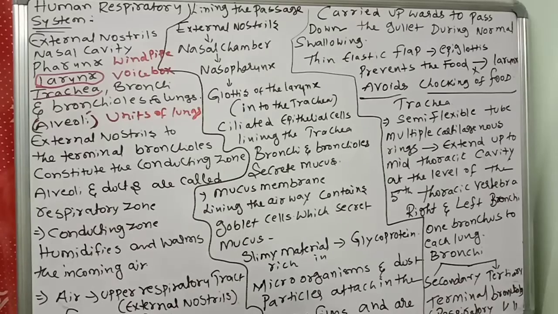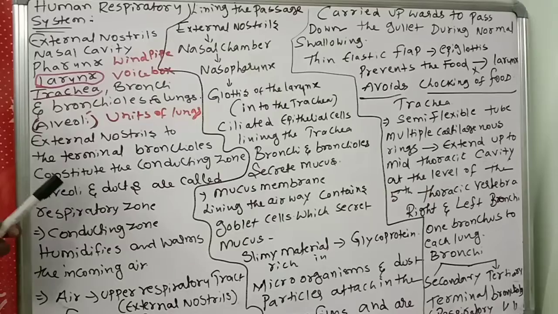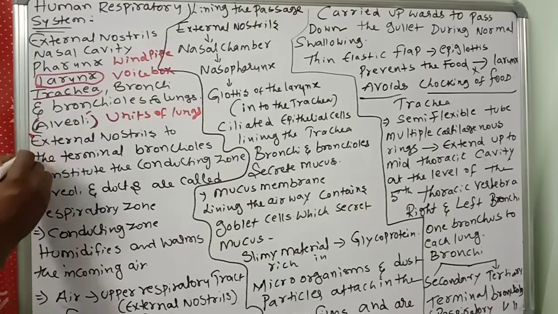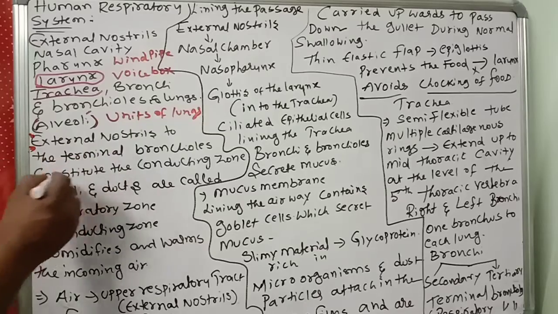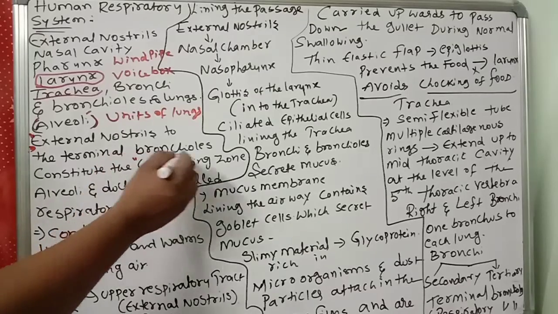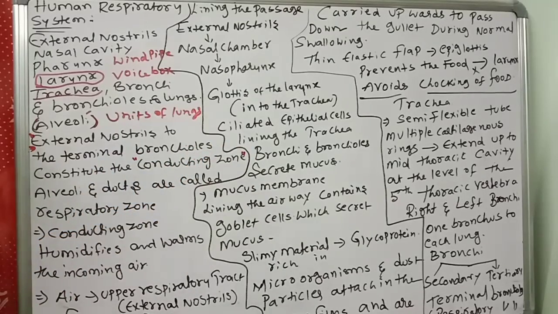Okay, now listen very carefully. The parts starting from the external nostrils up to the terminal bronchioles, that particular part constitutes the, what do you call that zone?